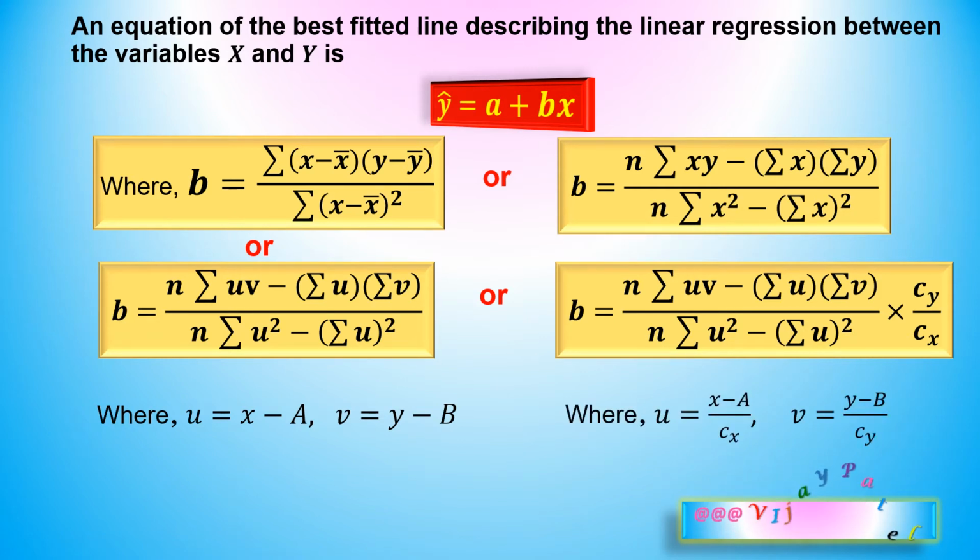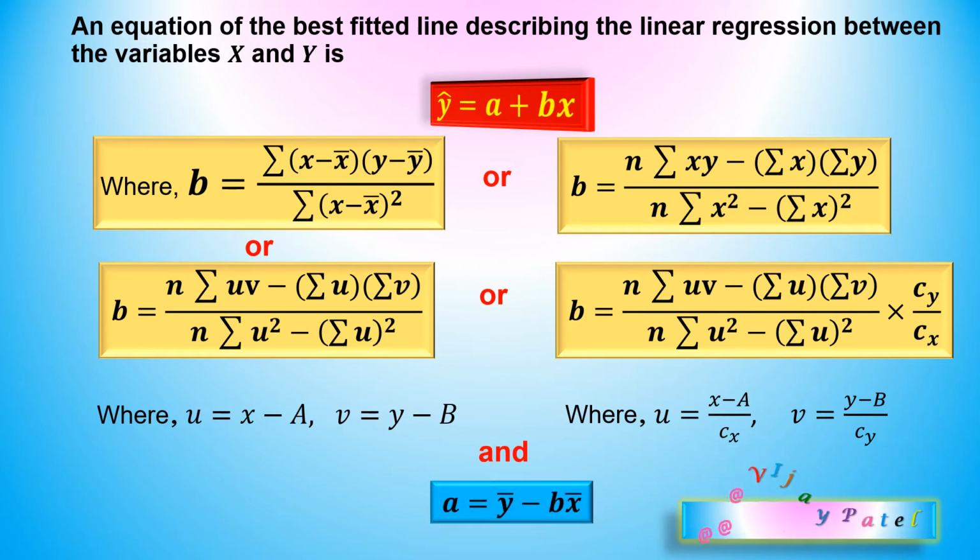So here u is equal to (x minus a) upon cx and v is equal to (y minus b) upon cy. Now what is a? a is equal to y bar minus b xy. So to find b, there are four formulas used, and a is equal to y bar minus b x bar.